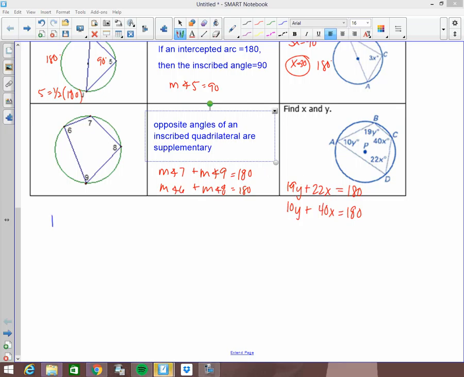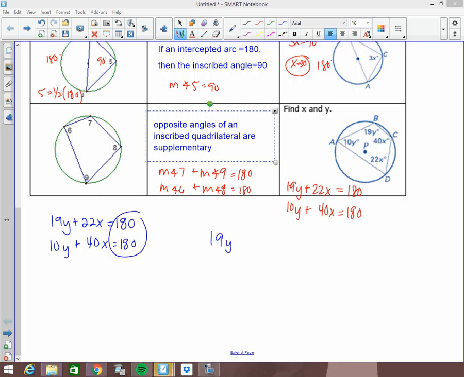So if we say 19y plus 22x equals 180, and we say that 10y plus 40x equals 180, then because they both equal 180, we can set them equal to each other.